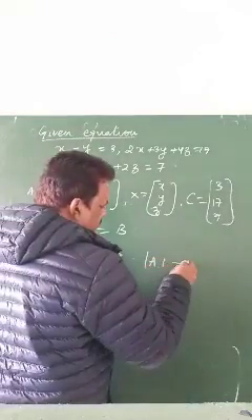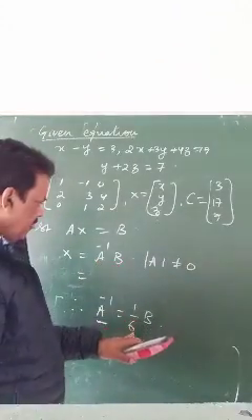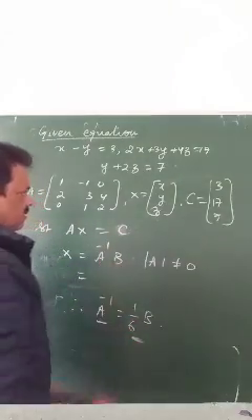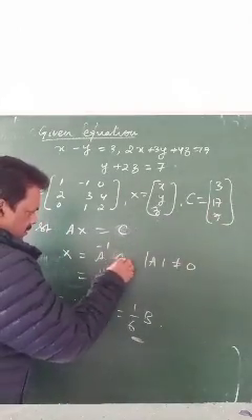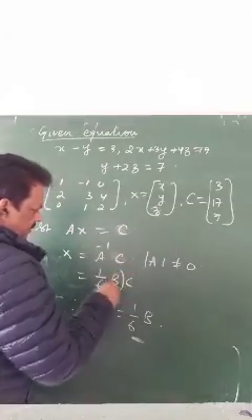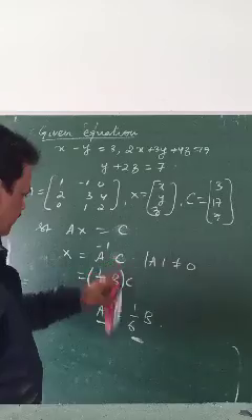This is not 0, of course. So in place of A inverse you are writing X is equal to 1 by 6B into C. Okay, so that is X you are now finding.